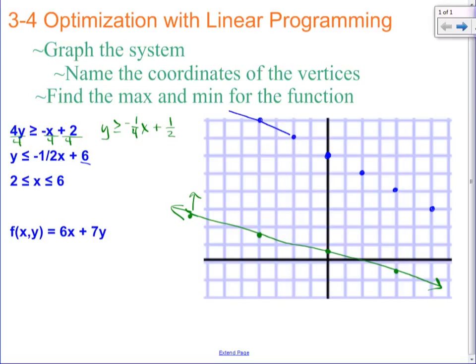And where are we shading on this one? Okay, so right now we're currently shading in between these two lines. Questions yet?